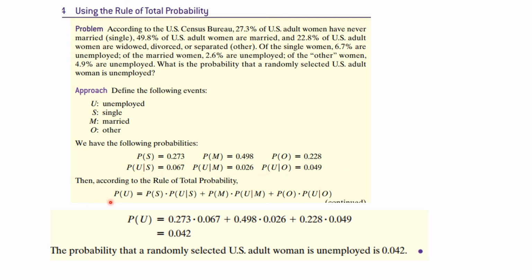So according to the law of total probability, we have this expression. We plug in numbers and we get 0.042. So that's the probability that a randomly selected U.S. adult woman is unemployed.